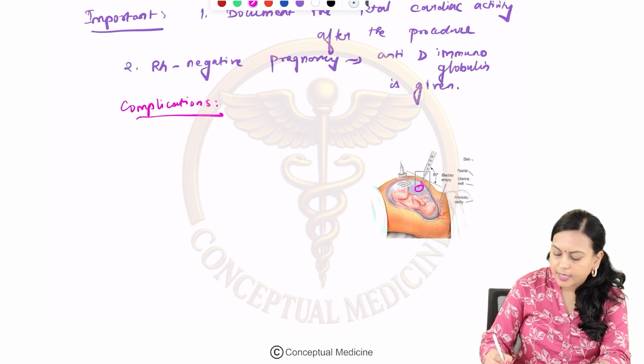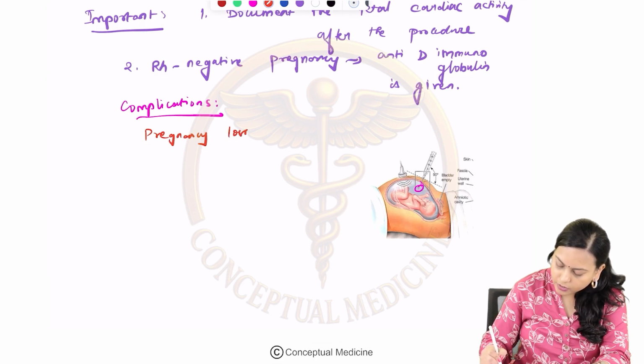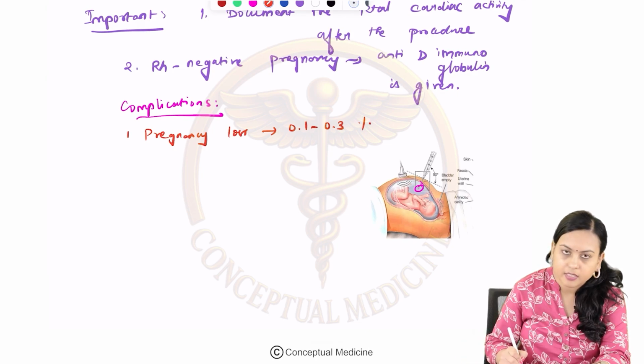Okay, so we'll see what are the complications you can expect with this. Okay, there can be a chance of pregnancy loss around 0.1 to 0.3%.